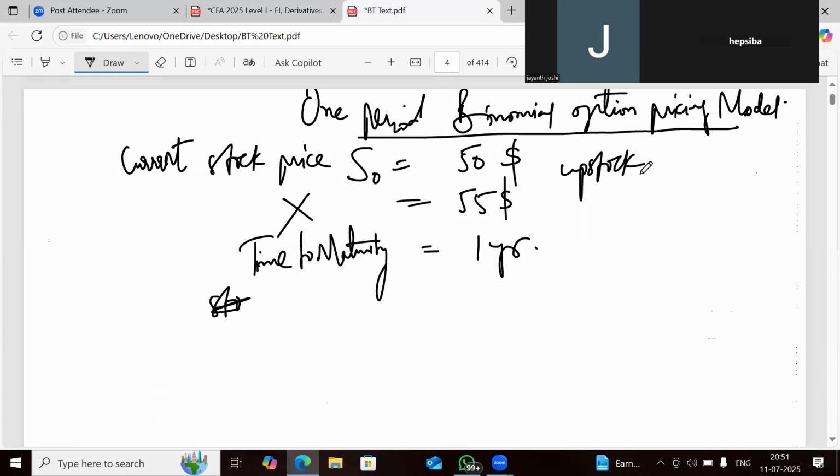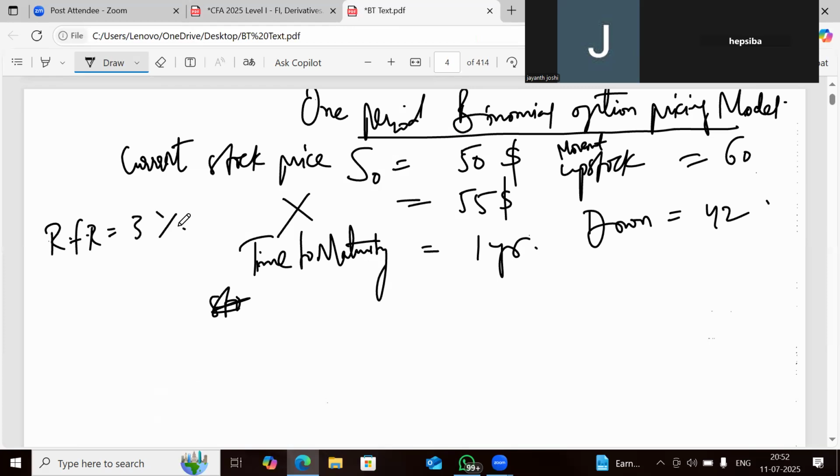The up state stock price, that means the upward movement: if the stock moves up, it reaches 60. If the stock goes down, it reaches 42. And the risk-free rate is given in the question as 3%.